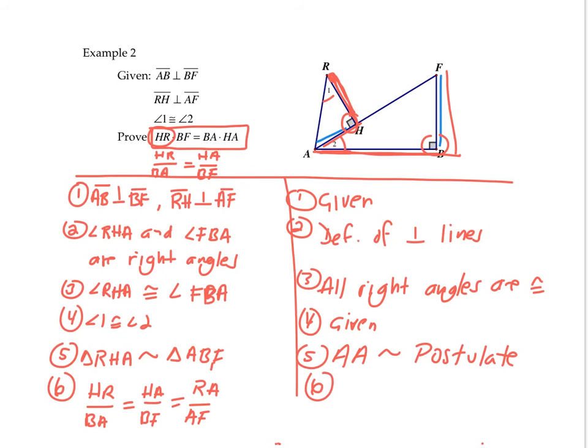And this is an F right here. Okay, the reason to justify it is the fact that corresponding sides of similar triangles are in proportion.